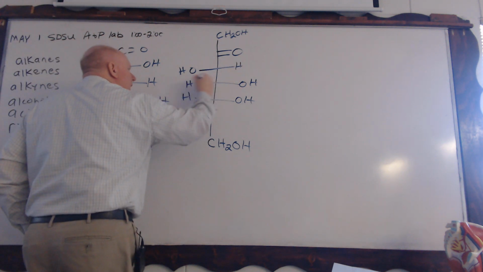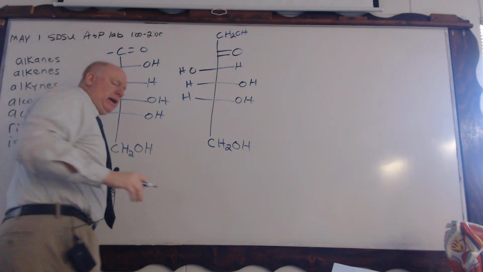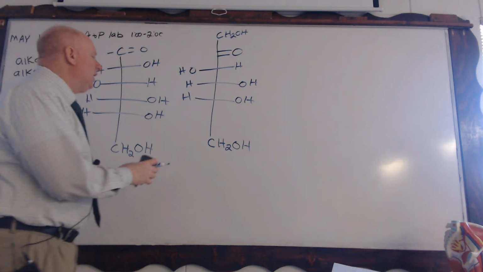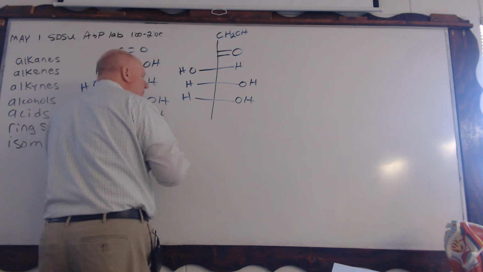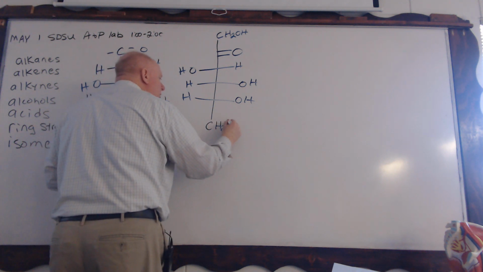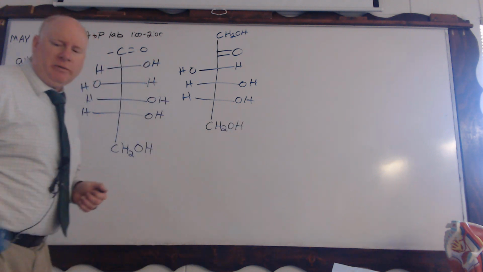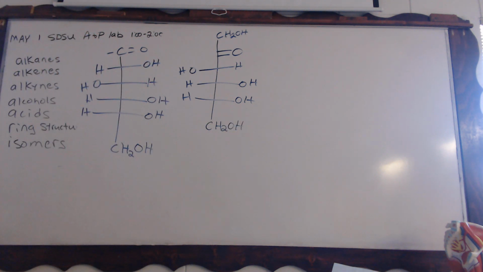This is a ketose sugar. So what gets to be a little tricky about this is there are still 6 carbons on this compound, but the structure is going to be different than that of aldose sugars.